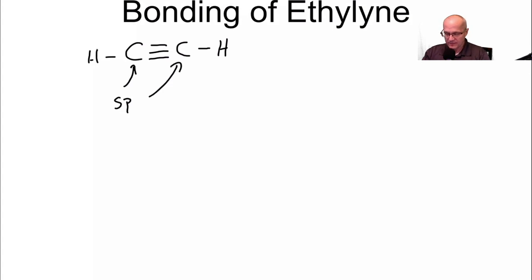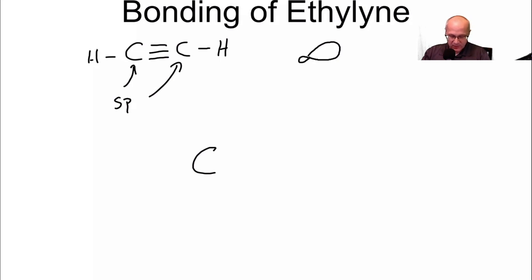Let's take a look at a molecule that would have sp hybridization. sp and sp. sp orbitals look just like sp3 and sp2 when you draw them by hand. If you have a computer, you can tell the difference. So there's carbon, and here's my other carbon.